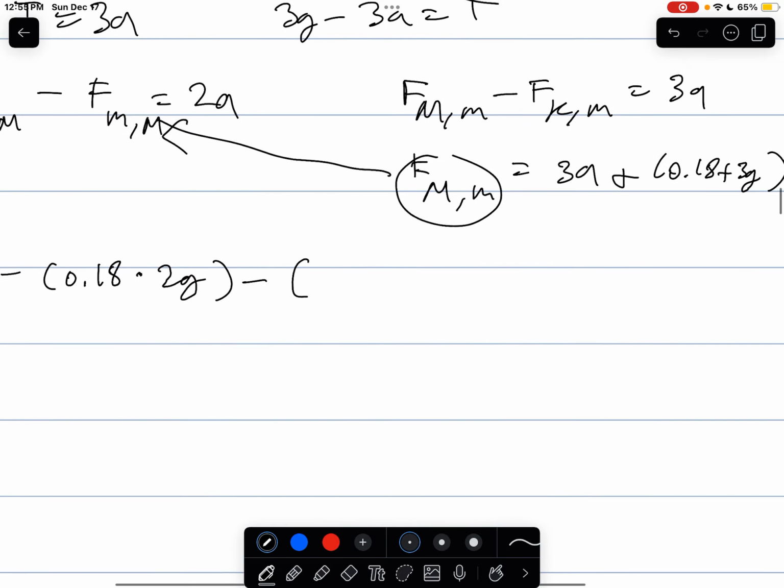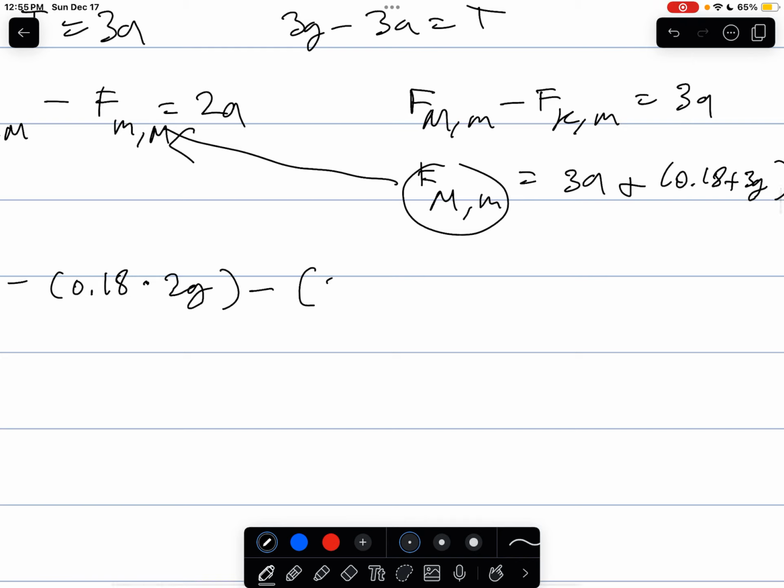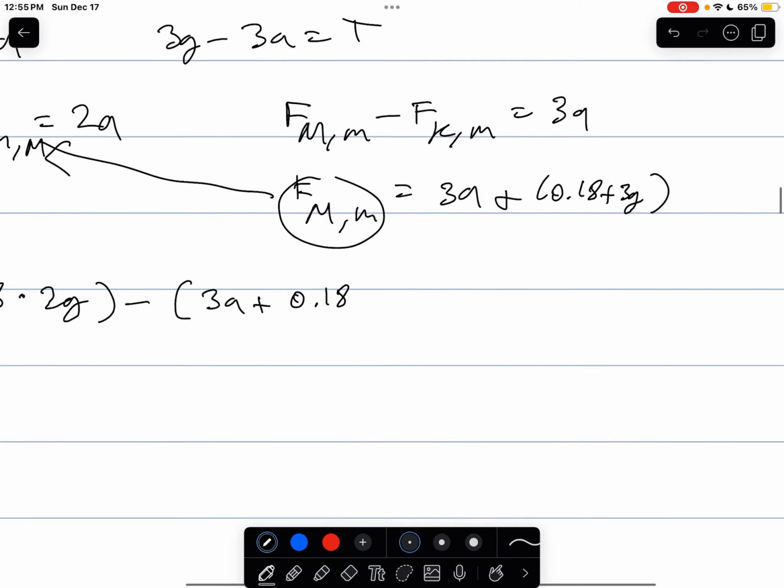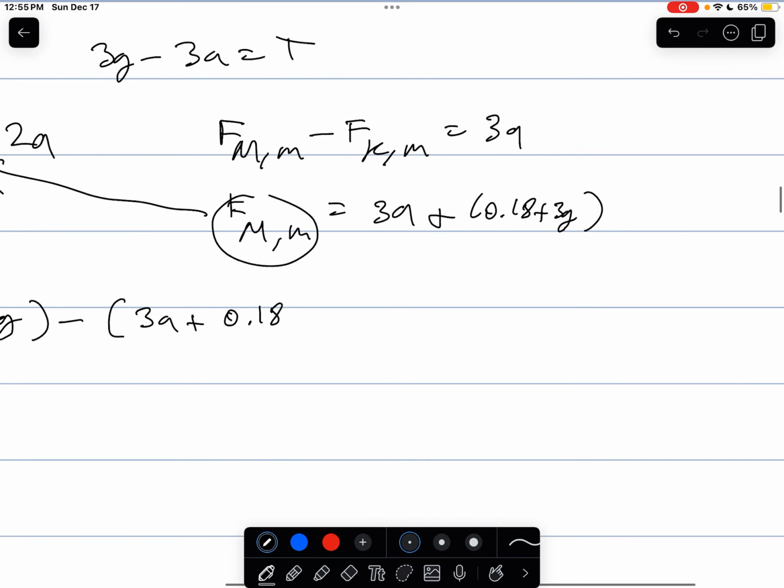And then you got 3a plus 0.8. Oh, this is supposed to be multiplication.